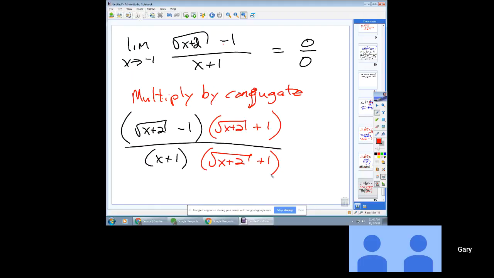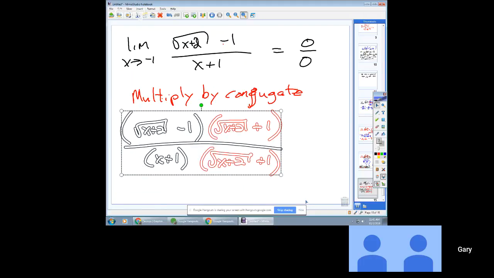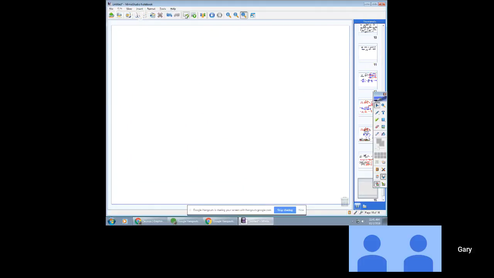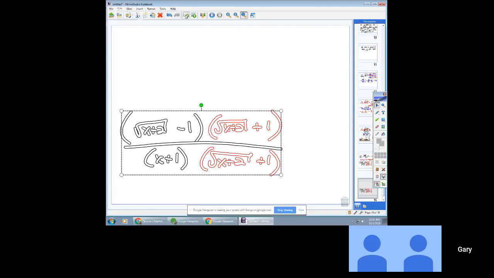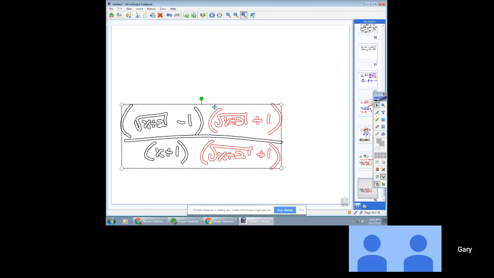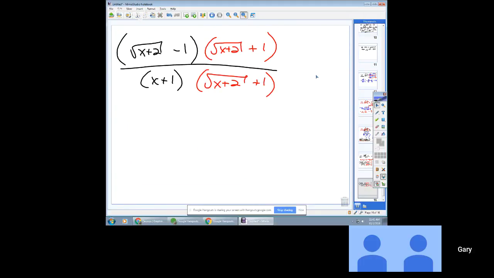Ignore the denominator for a minute. You get four pieces in the numerator.